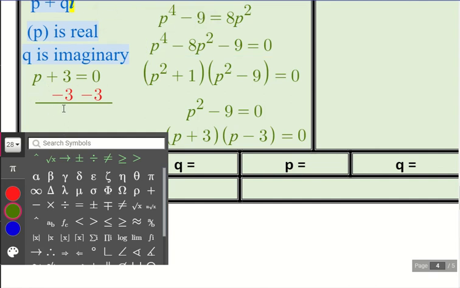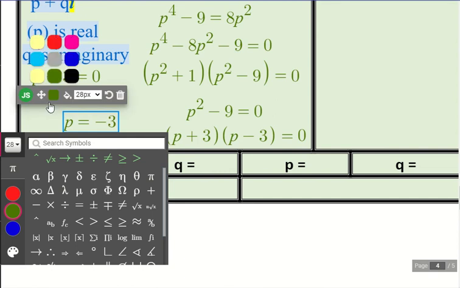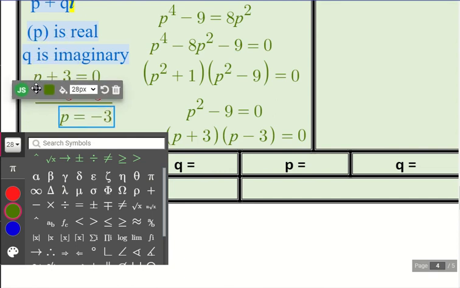So with p plus 3 equals 0, we subtract 3 from each side, and we get that p equals negative 3. So that's our first solution for p.